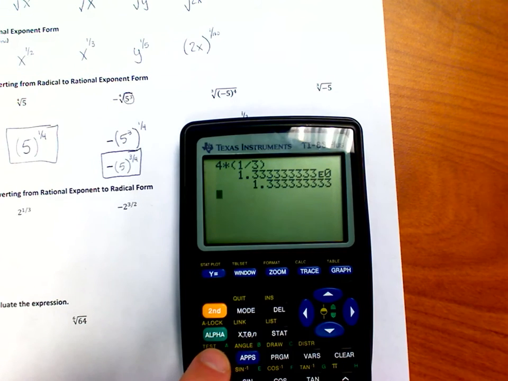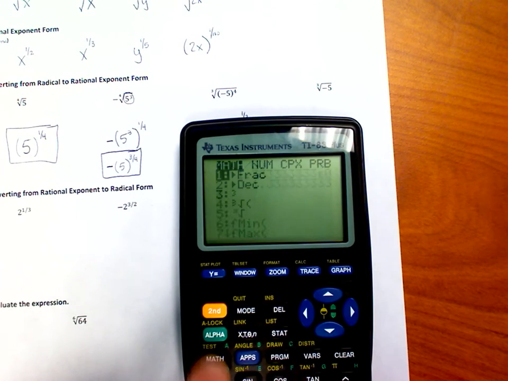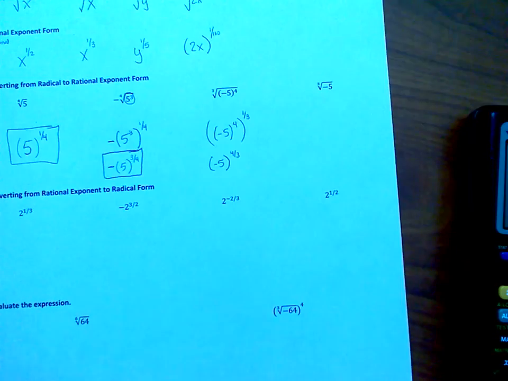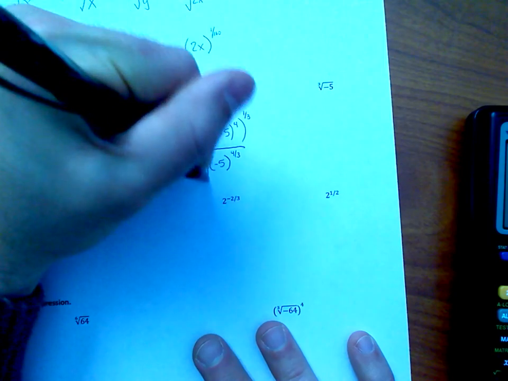I can hit math right below alpha, turn my answer into a fraction, hit enter, and I get 4/3. So 5 to the 4/3, it's negative. So here's my answer.